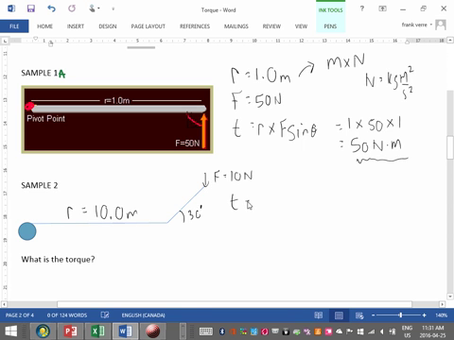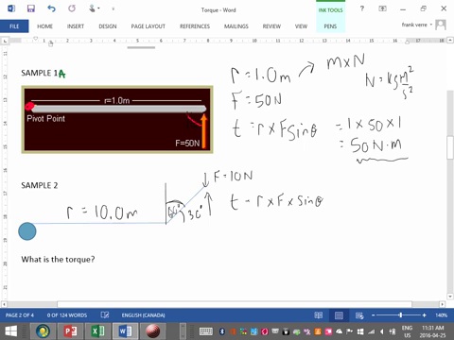So my torque is R times F times sine theta. Now, in this case, you got to be careful, right? You got to understand what the sine theta refers to. It refers to that perpendicular component. So don't just start plugging numbers in, because imagine I gave you this angle. What would this angle be? 60, right?